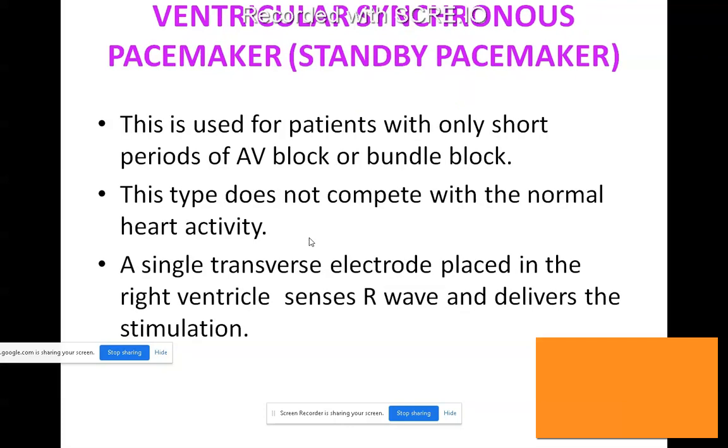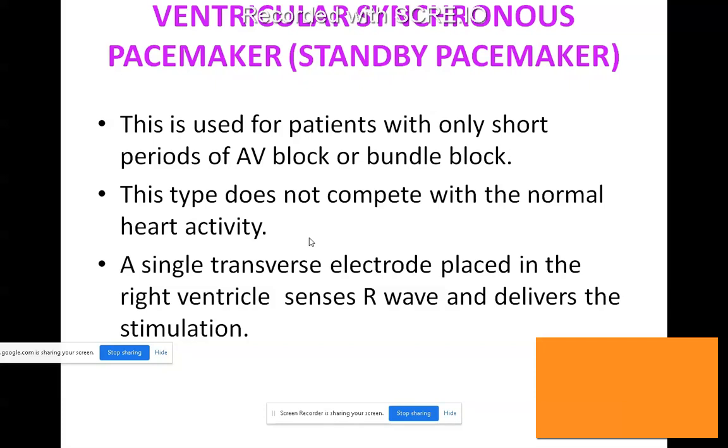Next, ventricular synchronous pacemaker mode. This is standby mode. This is used for patients with only a short period of AV block or bundle block. This type of pacemaker is used for a temporary period. Those who are suffering from AV block will use this type of pacemaker.